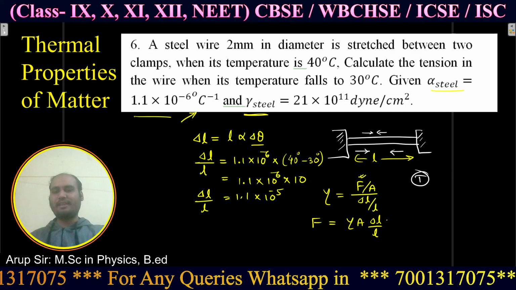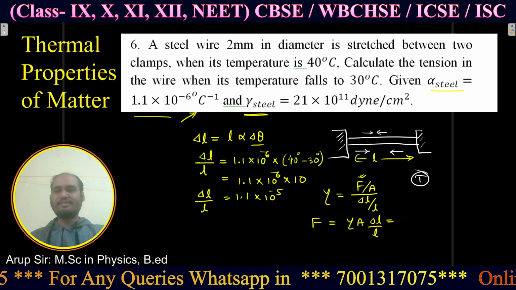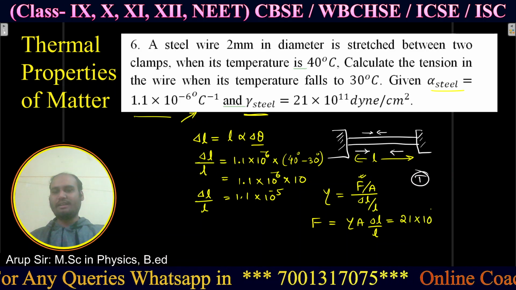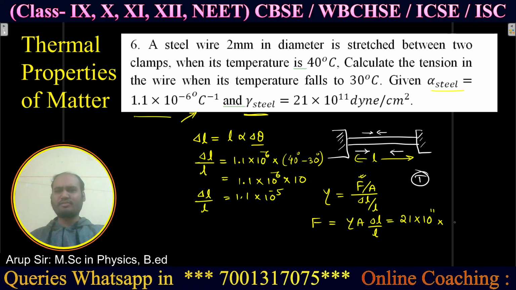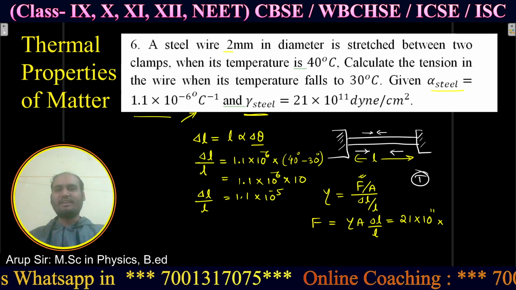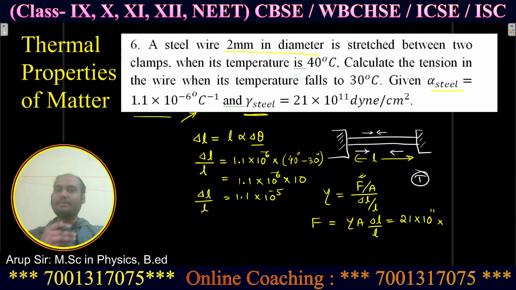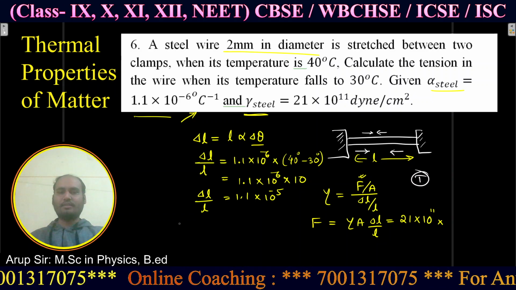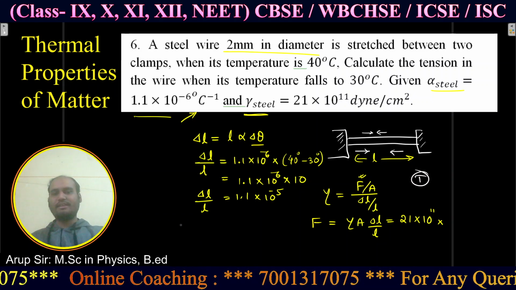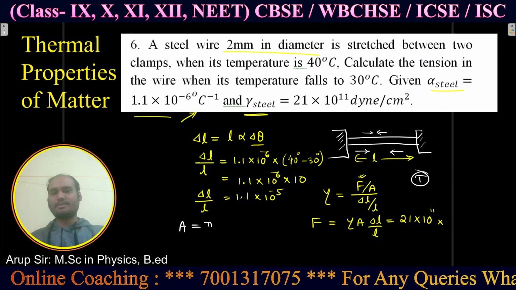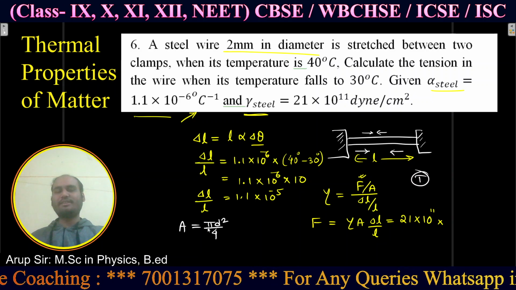Now put all the values. Y is 21 into 10 to the power 11. A means the cross sectional area. It is given in diameter, a steel wire of diameter 2 millimeter, right? So what is the area? Area is simply pi r square, that means pi d square by 4 in terms of diameter.